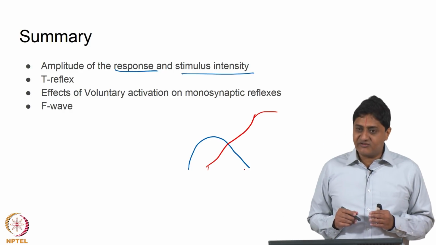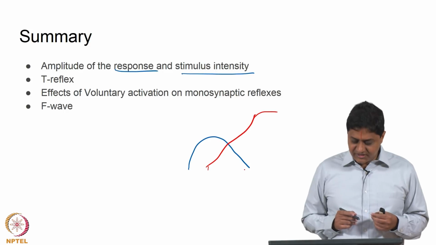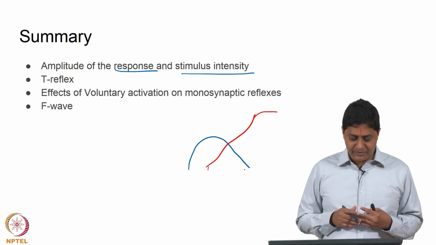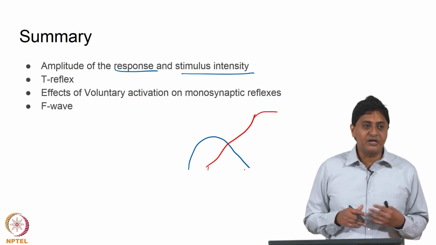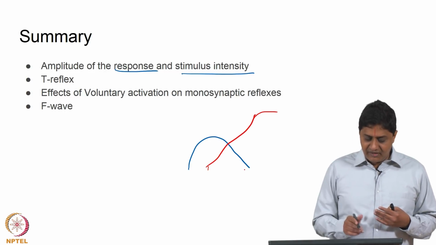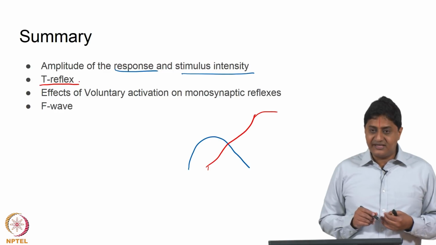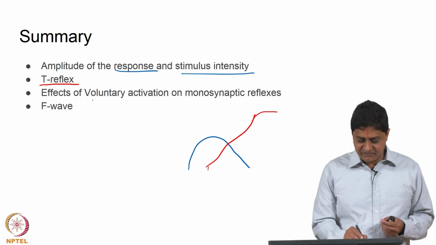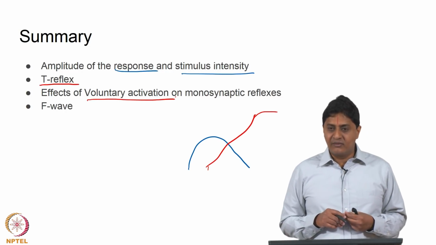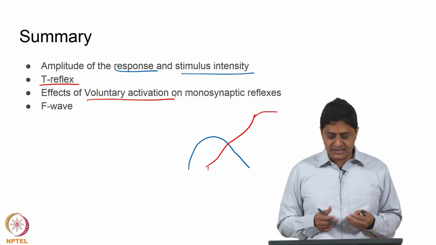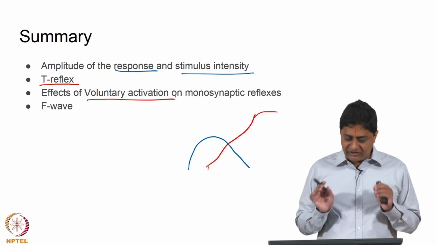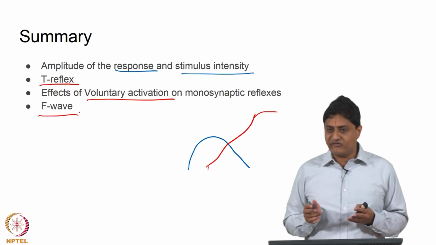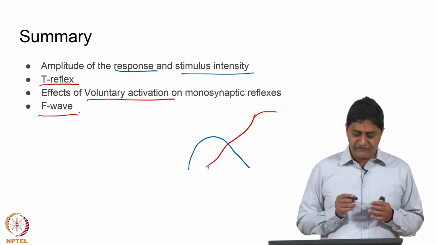This happens because of the refractory periods involved; the response amplitude keeps reducing in the H reflex as I keep increasing the stimulus amplitude, but not in the M response. And we saw what is the T reflex, or the tendon tap reflex, and we saw what happens with voluntary activation. With voluntary activation, there is going to be modulation, usually an increase in the amplitude of the monosynaptic reflex without affecting the timing involved. And we saw what is an F wave, the peculiar case of a neuron backfiring.